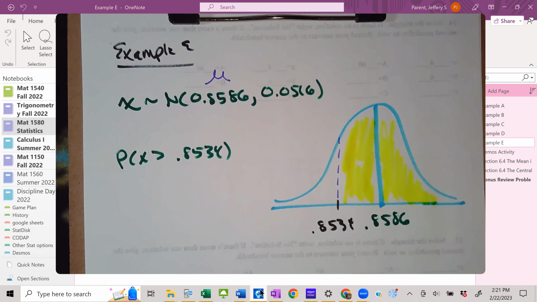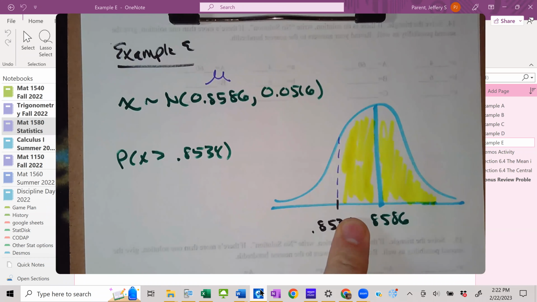Is that probability going to be more than 1/2 or less than 1/2? More than. Should be more than 1/2, because you've got everything to the right of 0.8586, that's half of your area. We have more than that. So you expect something more than 1/2.